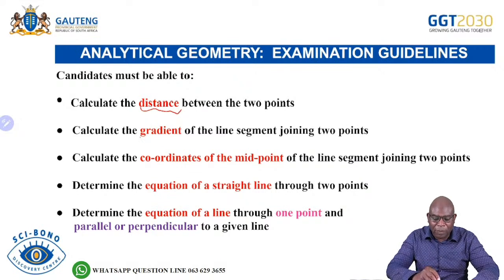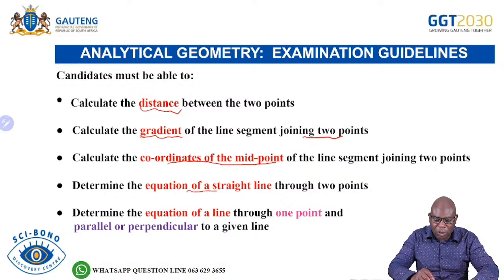The other thing will be the gradient. Those questions will always be there in an analytical geometry question paper. So we need to understand how to calculate the gradient of the line joining the 2 points. The next thing is the coordinates of the midpoint also. You have the formula sheet which has all these formulae that I've talked about, so always check your formula sheet so that you write the correct formula.